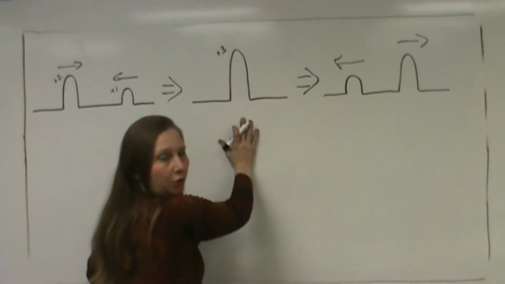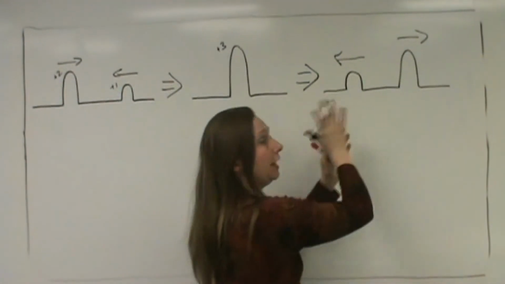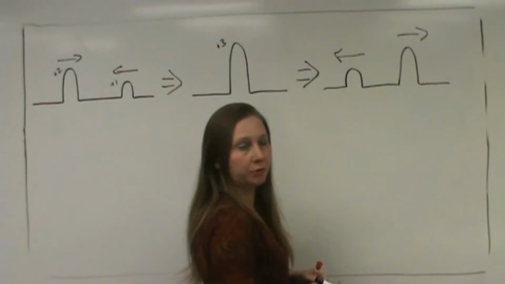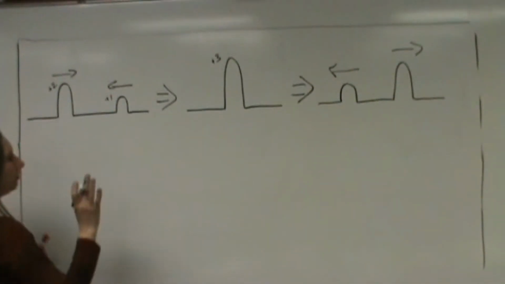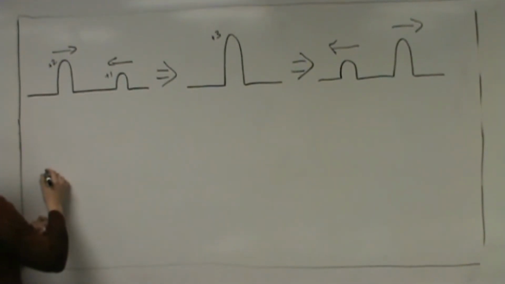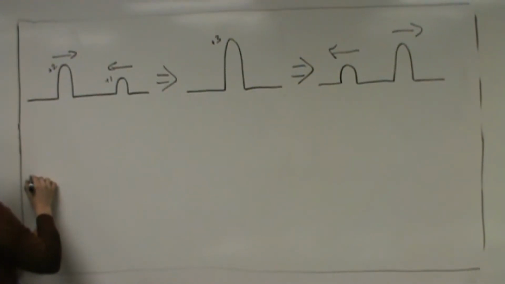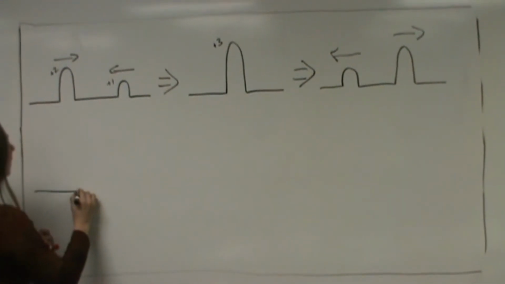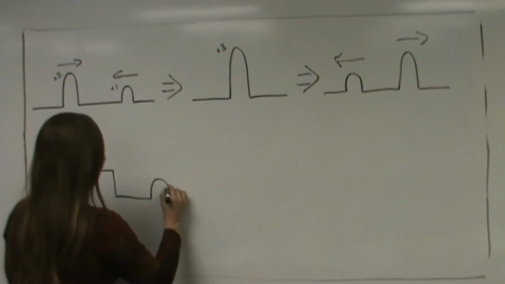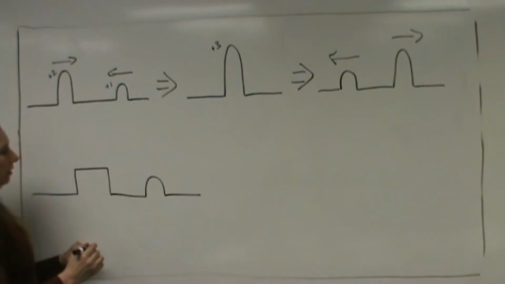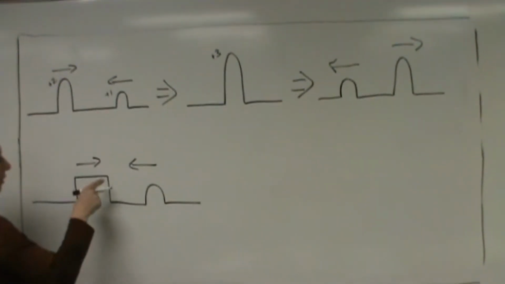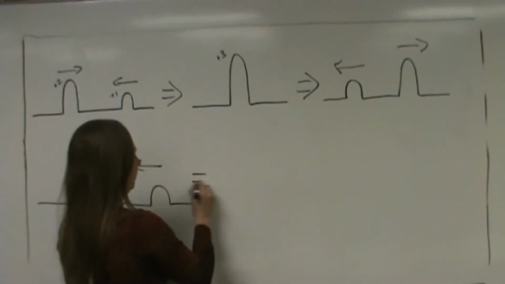One more example of constructive interference. What if we had a kind of a square, and a kind of a hump, and they're coming toward each other. He's going that way, he's going that way. When they're together, you'll have the square and the hump, something like that.